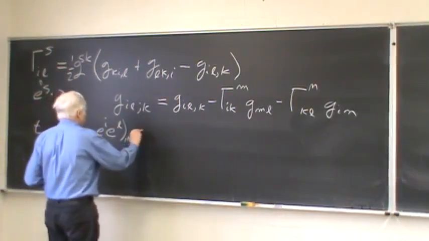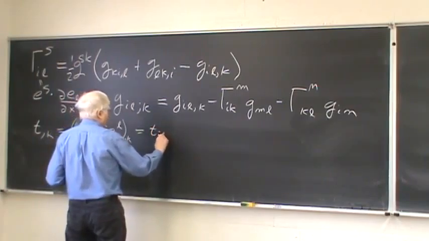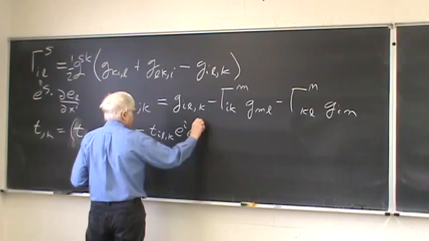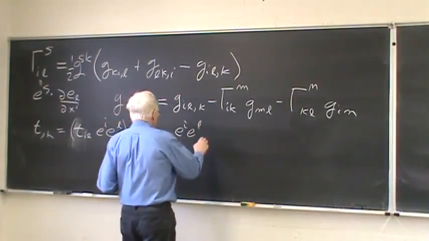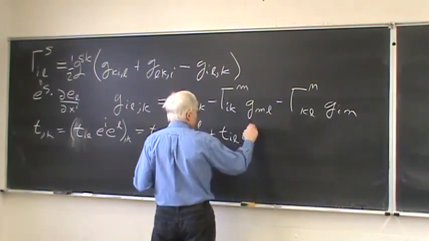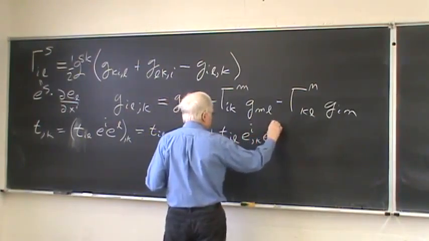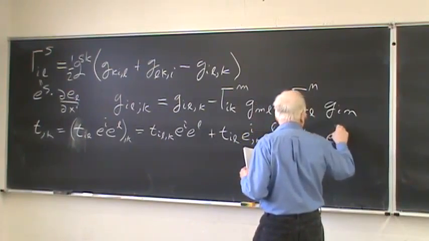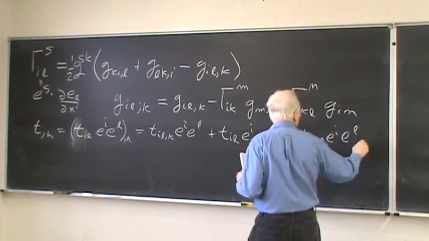So this is going to be T_{il,k} e^i e^l, and then T_{il} e^i_{,k} e^l, and then T_{il} e^i e^l_{,k}.